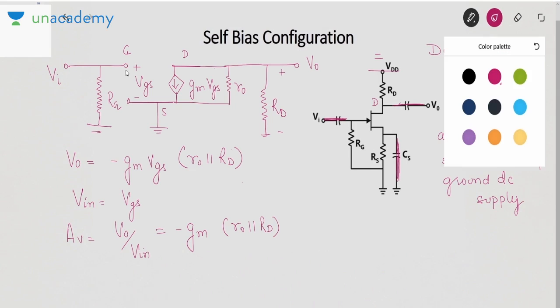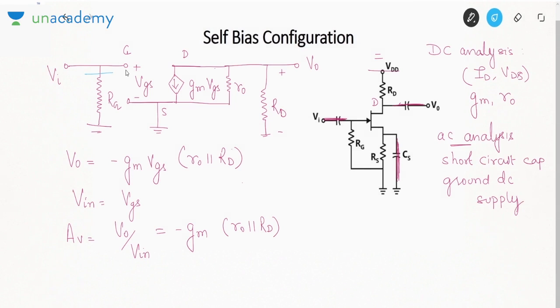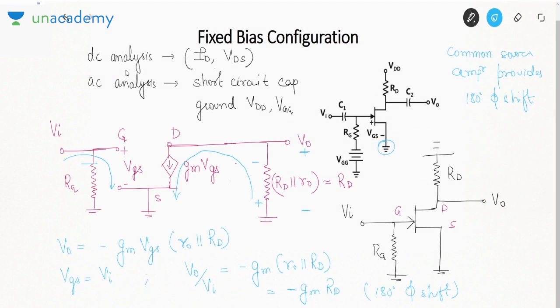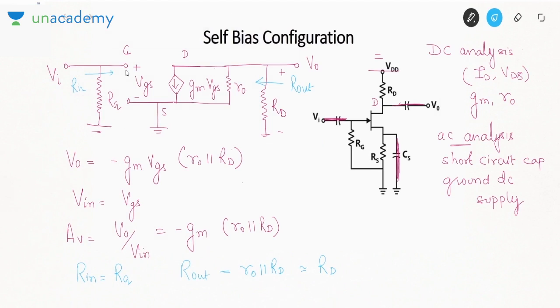Now what about the input resistance of the amplifier? The input resistance of the amplifier in this case is RG. What about output resistance? Output resistance, if you see from here, it is R0 parallel RD, which is approximately same as RD. Even in the previous one, if you find out the input resistance and the output resistance, they will be same, RG and R0 parallel RD. So the analysis of both these configurations is exactly same.